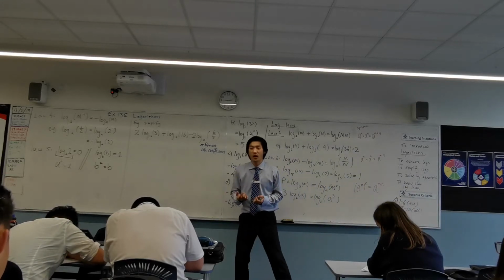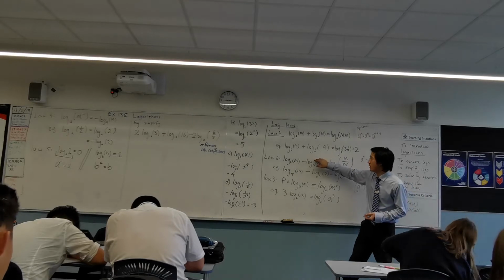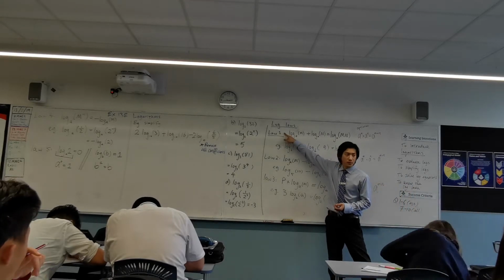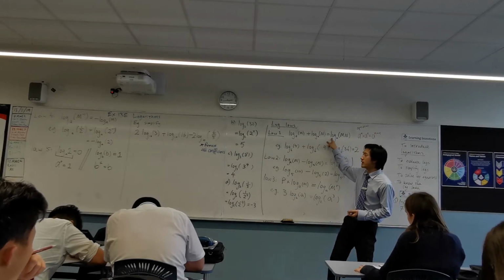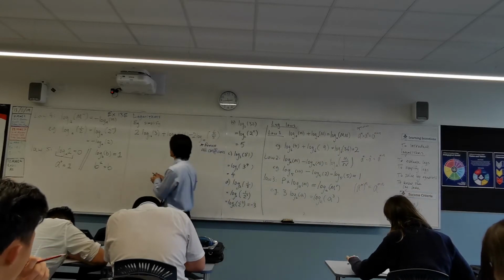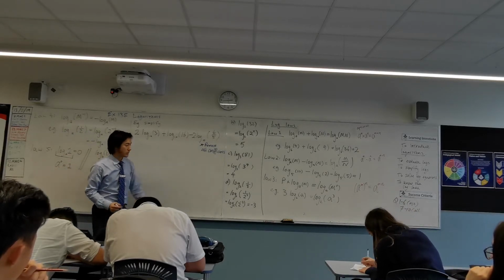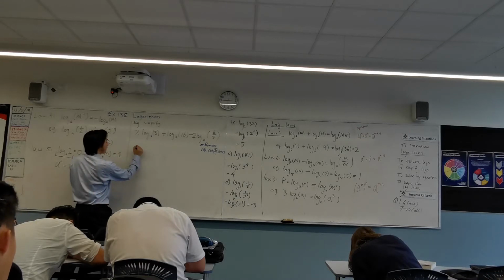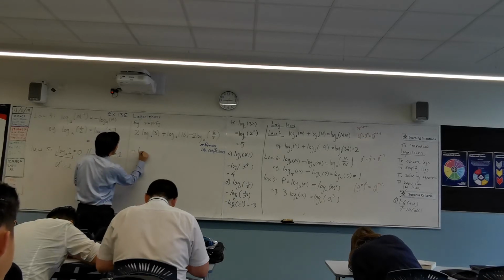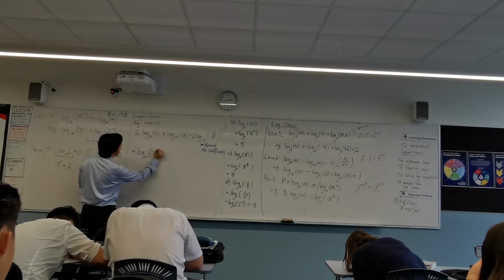Now, the reason why I do this is because these log laws only work when there are no numbers in front. See, all of these logs, there's nothing in front. So I need to get rid of the coefficients first. And I see a pair of these that do have coefficients. So let's work these out. Our next line would be log base 10 of 3 to the power of 2.